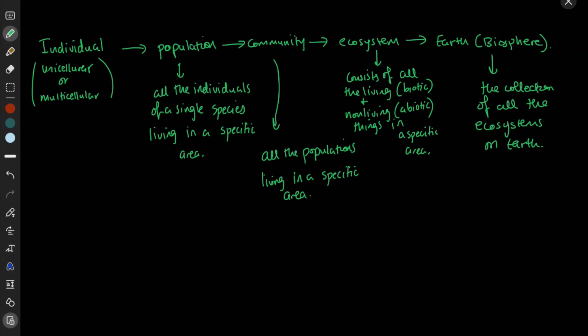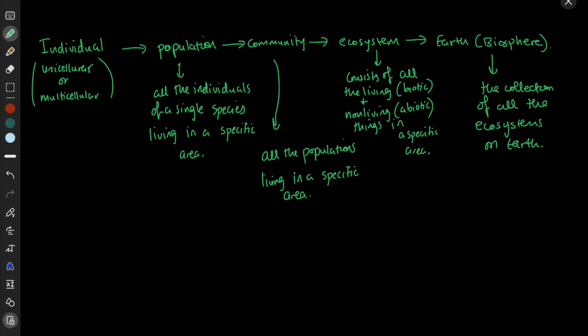So that forest is our specific area, and then that individual is our pine tree. Now, when we talk about the population, what we mean is that the population is going to consist of all of the pine trees in that specific forest. So it's all of the individuals of a single species, in this case pine trees, in a specific area being the forest, right? So that's the population.